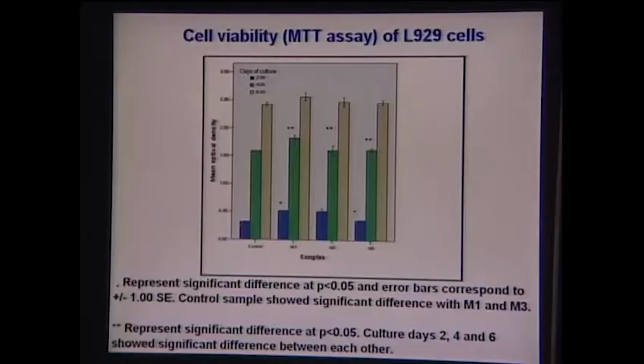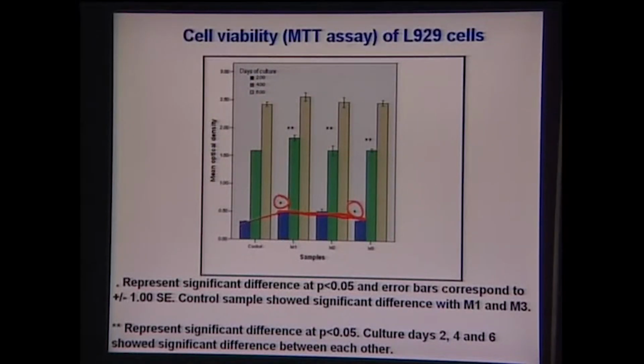Now, we have done the cell culture test for 2 days, 4 days and 6 days, at different time scales. These blue ones are for the 2 days culture, and you see that there is not much difference, only that it is statistically significant for M1 and M3 samples.